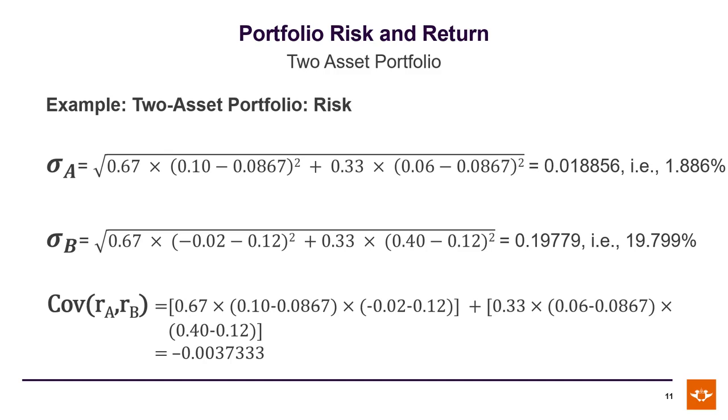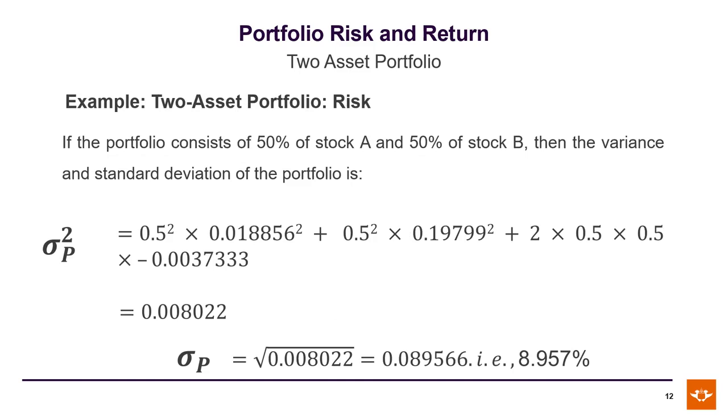So from a diversification point of view, again, we'll talk about that in detail later, combining these two assets in a portfolio is actually very, very positive. We finally arrive now at the calculation of the risk for our two-asset portfolio, and that risk is measured by means of standard deviation. And for the purposes of the portfolio, we're actually going to calculate the variance first and then do the standard deviation calculation.